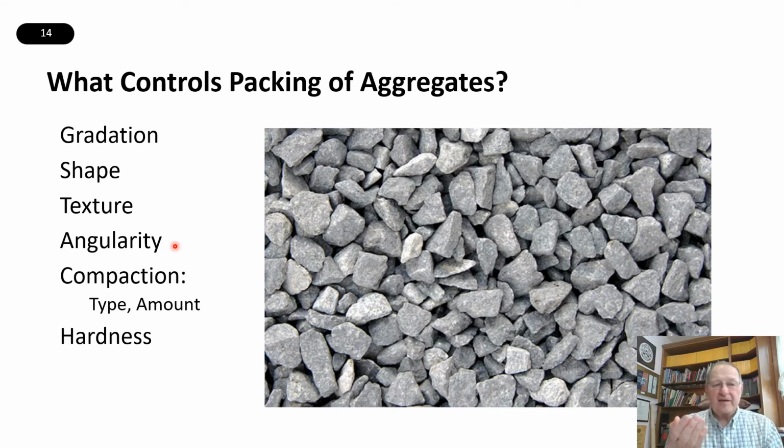If I wish to have more particle shape, texture, and angularity, I can use more of the manufactured sand and a little less of the natural, or vice versa. I could use more of the natural sand and less of the manufactured if I want less angularity.